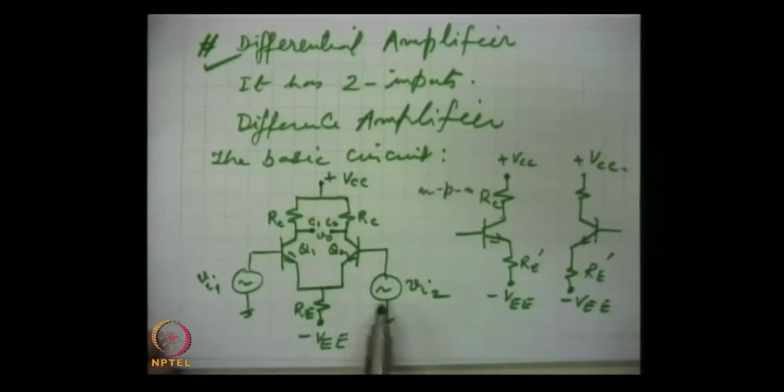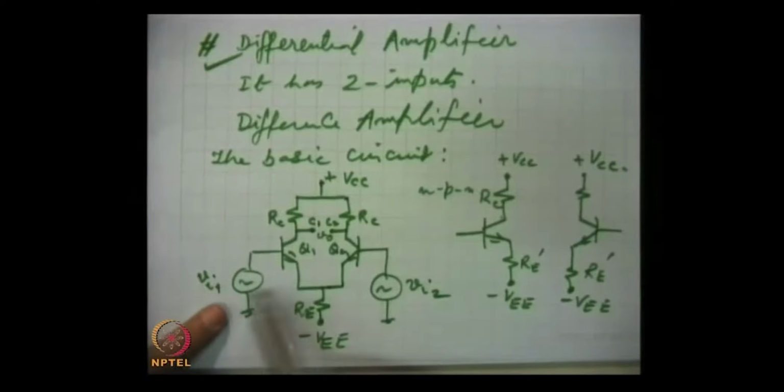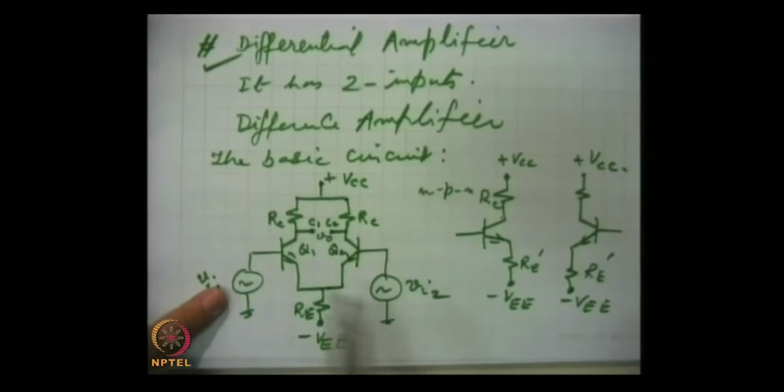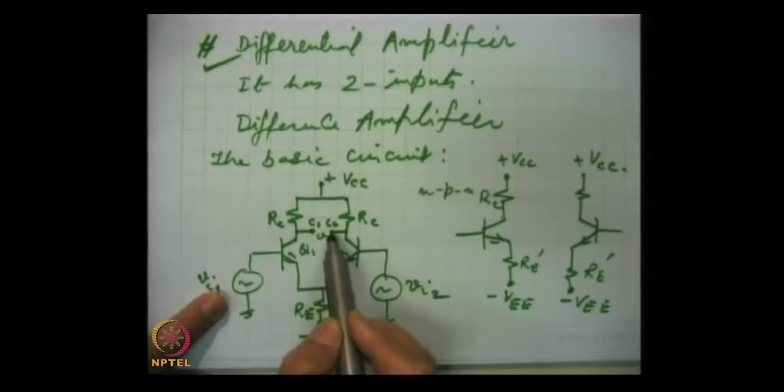Now, this becomes very clear: when you apply two signals of identical magnitude, then this will be available at C1 in the amplified form, and because the signal we are taking as an example is identical, the same voltage will appear.